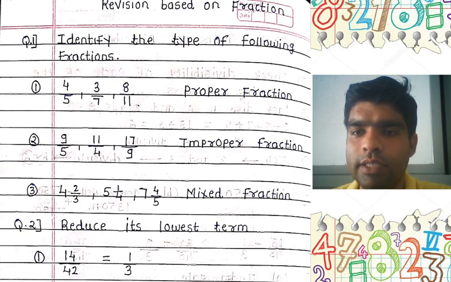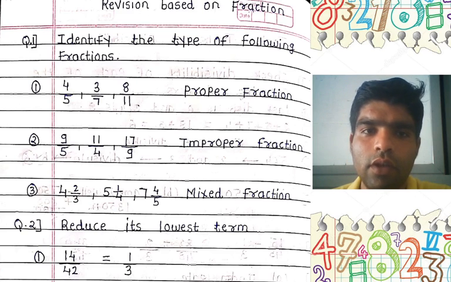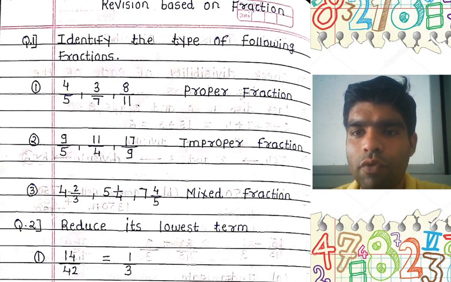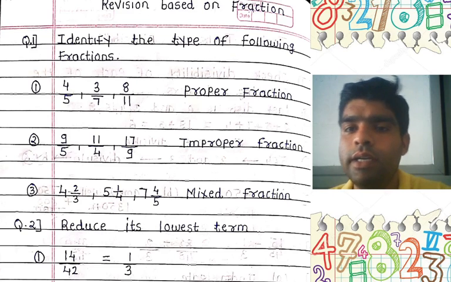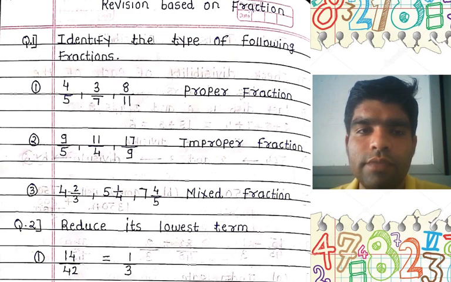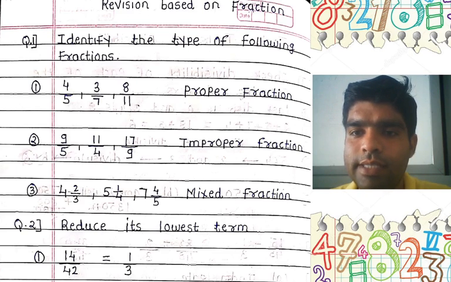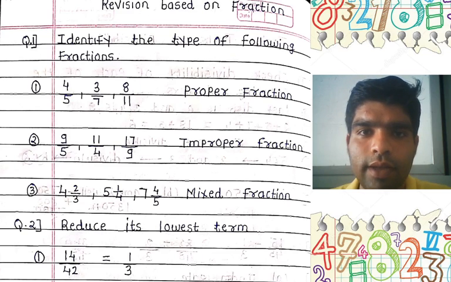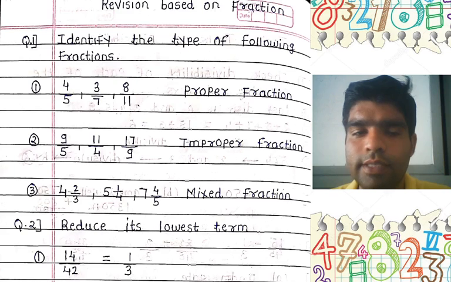This type of fraction is called a proper fraction. In 4 upon 5, 4 is the numerator and 5 is the denominator. Obviously, for the first example, the numerator is less than the denominator, and this type of fraction is called a proper fraction. That is why your answer will be proper fraction.